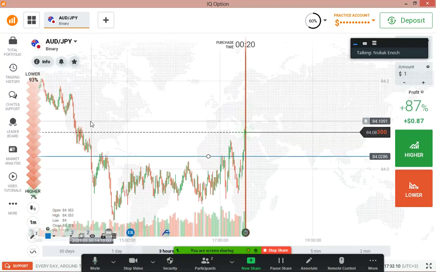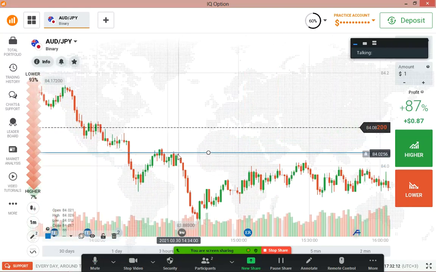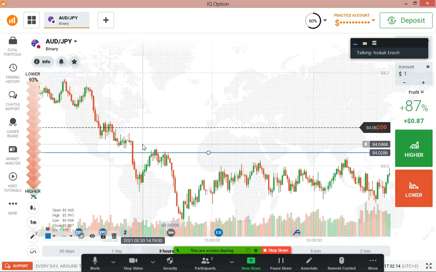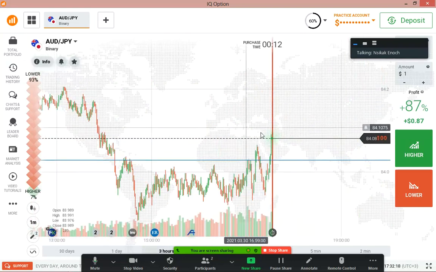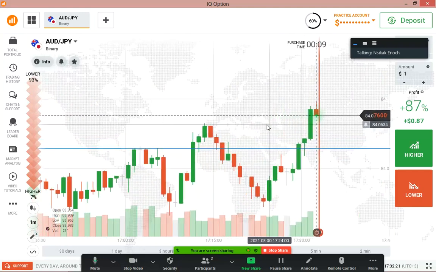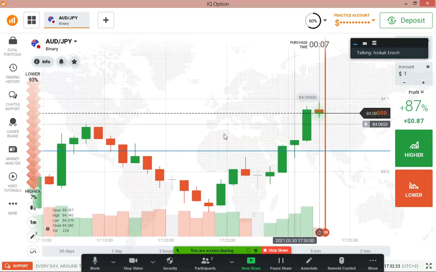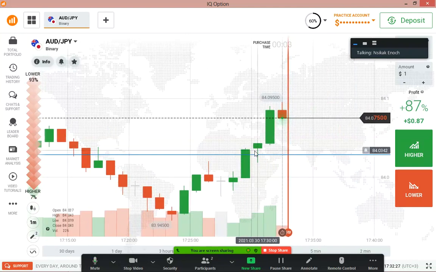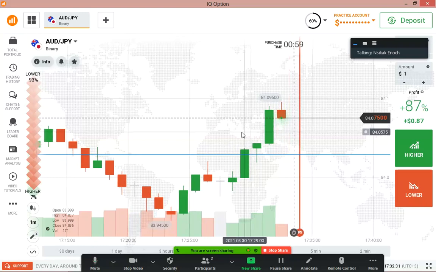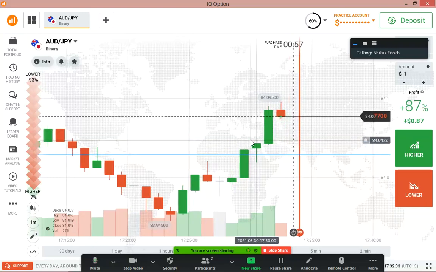Let's check on the left side as well. See, sellers entered here. Those are the areas where sellers entered. Now, I did not notice that this bullish candle had already crossed the area, so I decided to place put and took a loss instead of call. So I have already found out why I lost this trade.